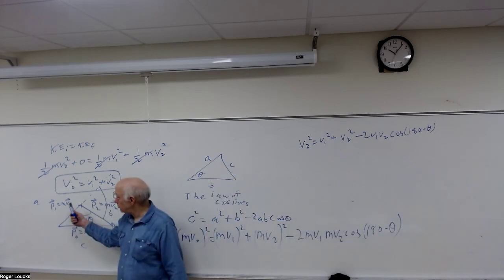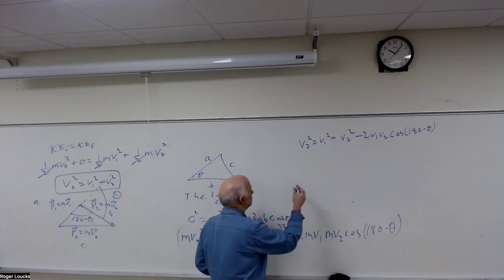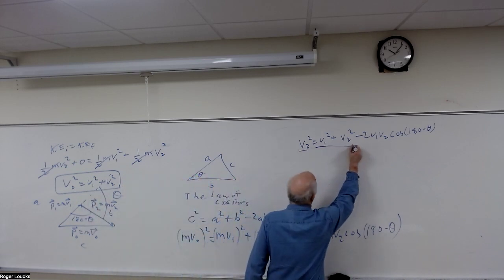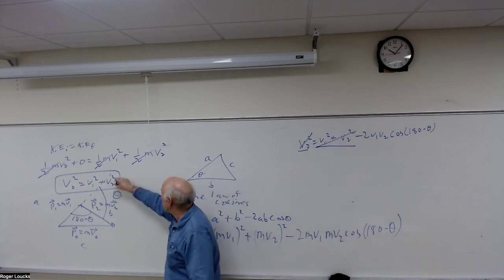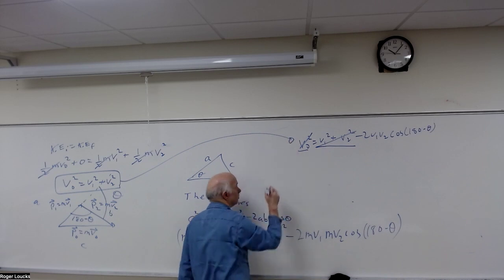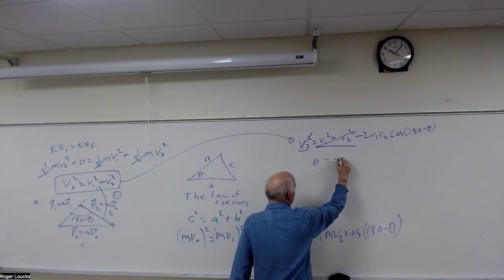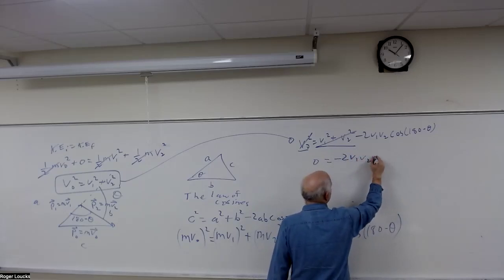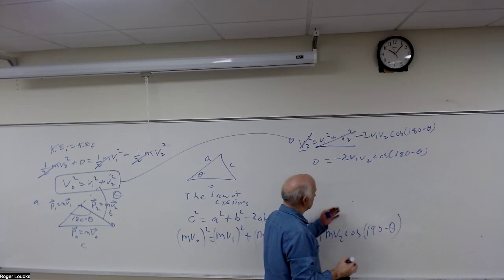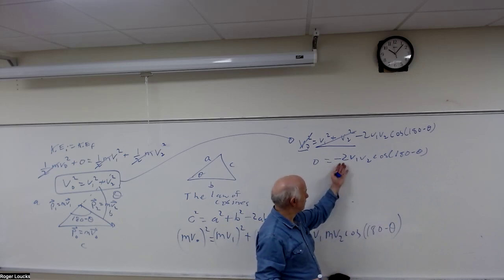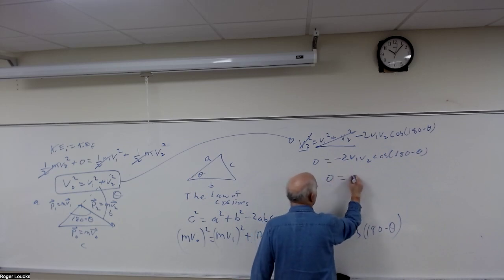From the elastic condition, we know that V naught squared equals V1 squared plus V2 squared. So that term cancels the sum of those two terms by this equation. Pretty slick. So this gives 0 equals minus 2 V1 V2 cosine of 180 minus theta. I can divide through by the 2, the minus sign, V1 and V2, because they're not 0.